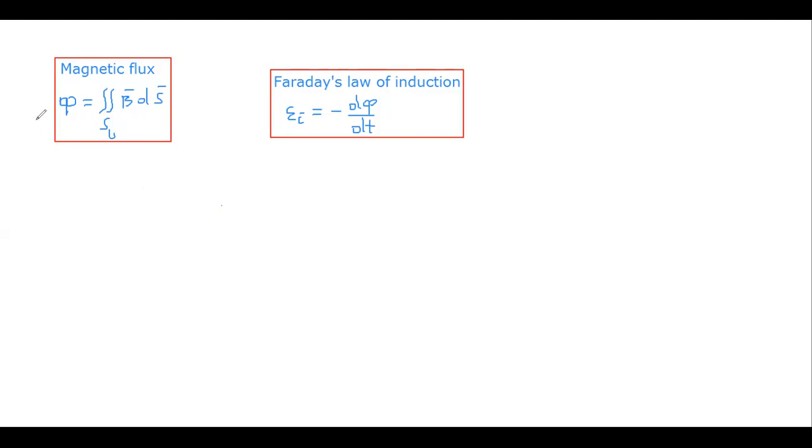Weber is a unit for magnetic flux, and short form is Wb.